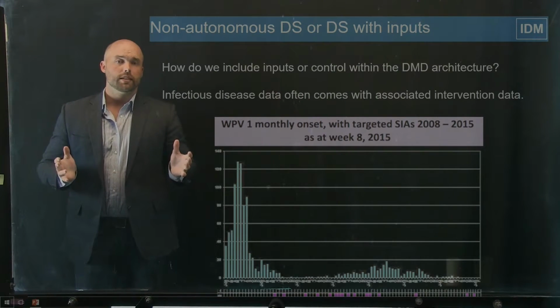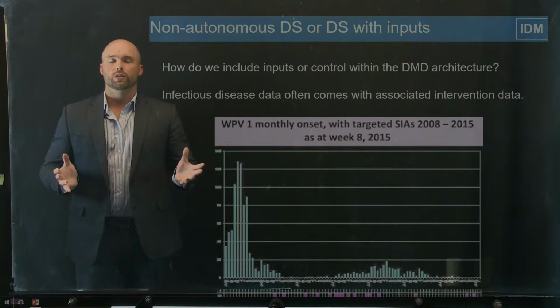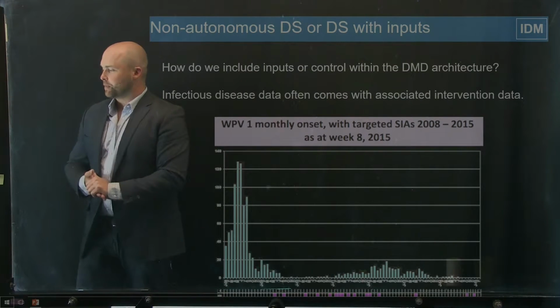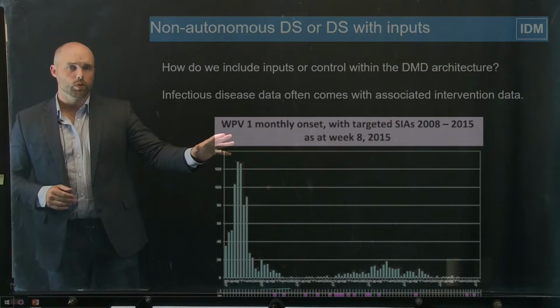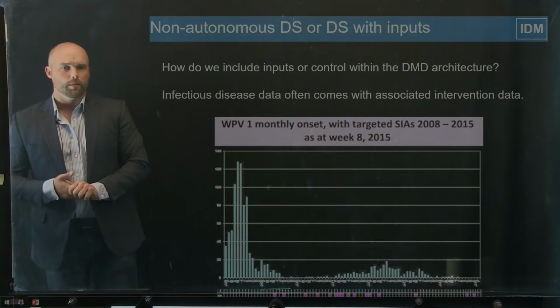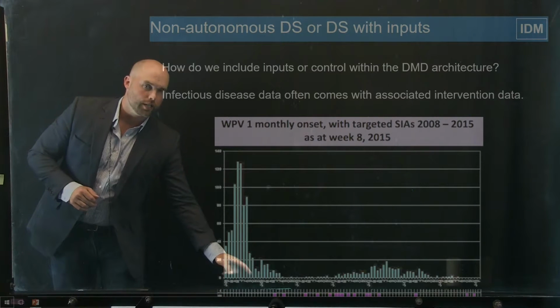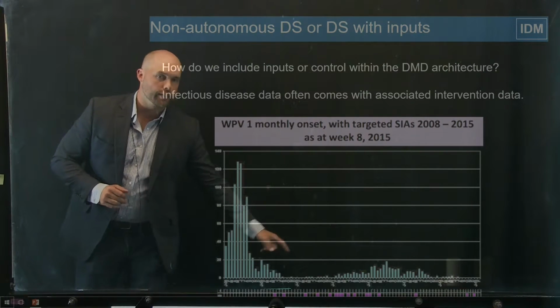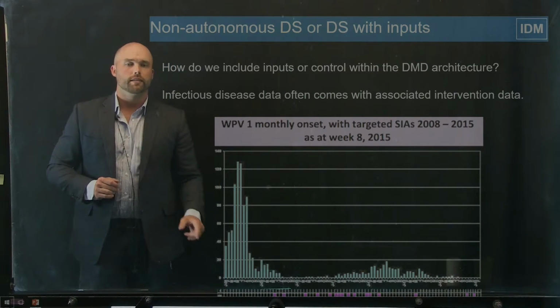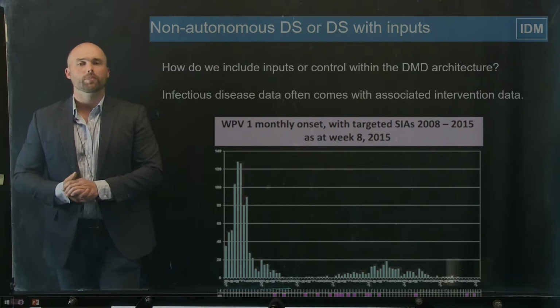Now, infectious disease in particular often comes with associated intervention data. For example, here is wild poliovirus type 1 over about 6 years, where each large tick mark is January, so the x-axis is time. On the y-axis here is a count of paralyzed children from polio.